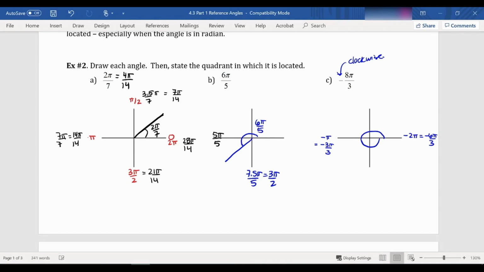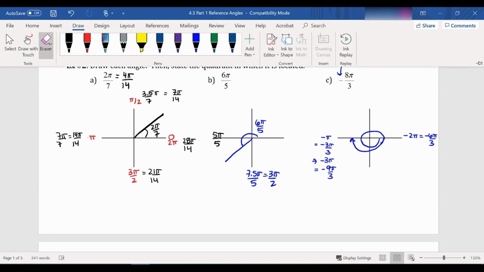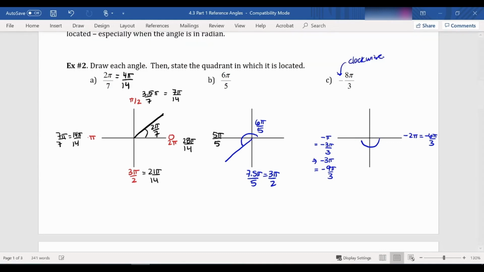I have to keep going. If I went all the way over to here, this would be the same as doing negative 3 pi, which is negative 9 pi over 3. And I didn't go that far. I only went 8. So I'm doing one full rotation.